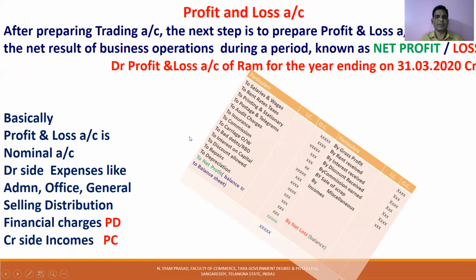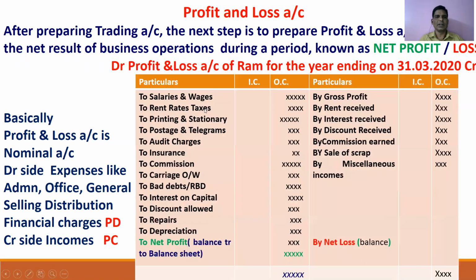Let us see the format of profit and loss account. This is the profit and loss account of ROM for the year ending 31st March 2020. This is called the debit side of profit and loss account, PD. This is the credit side of profit and loss account, called PC. You have to remember PD and PC. What are the PDs?